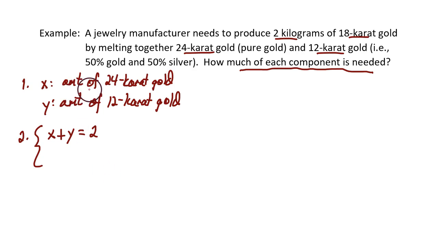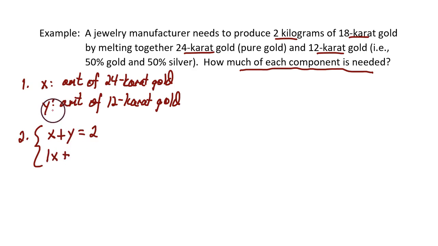The letter X is 24-karat gold, which is 100% gold. The number 100% as a decimal is 1. So 1 times X means 100% of component X is gold.